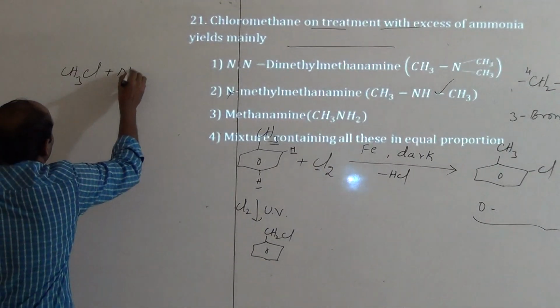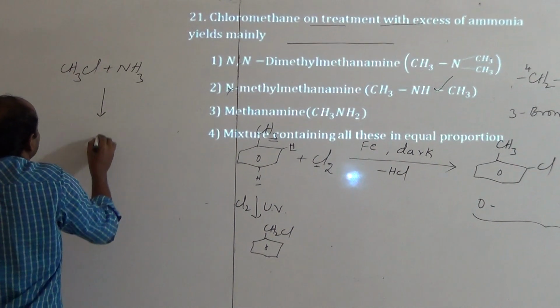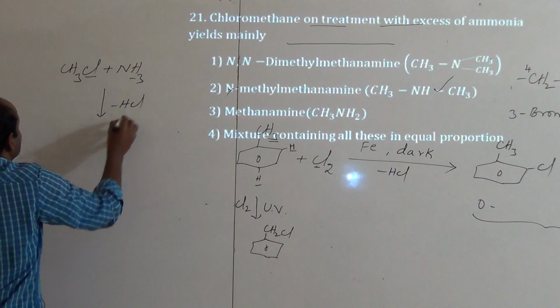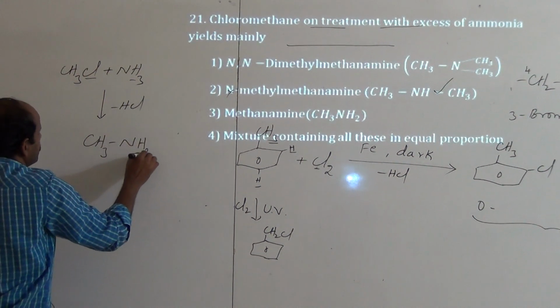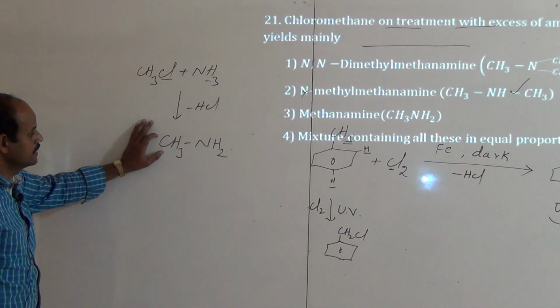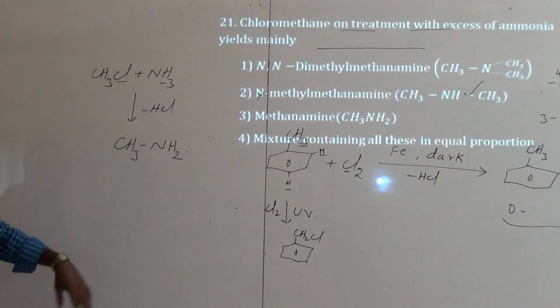React with ammonia, NH3, then they form which one? Here Cl and one hydrogen removed as HCl, then we get CH3NH2, methylamine. Okay.